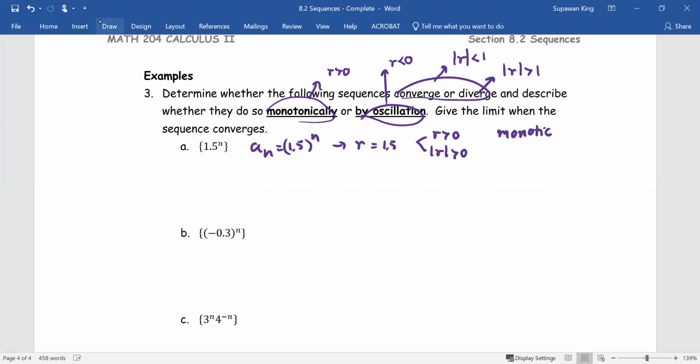The absolute value of r is greater than 1. So the sequence diverges because the value gets larger and larger. We can say this sequence, 1.5 to the power n, diverges monotonically.